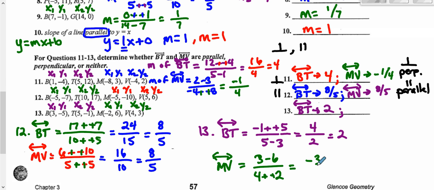So we get -3 over 6, and that is -1/2. The slope of MV is -1 over 2. Now notice once again, just like in the case of number 11, we have a situation where we have opposite reciprocals. So we do have a perpendicular relationship.